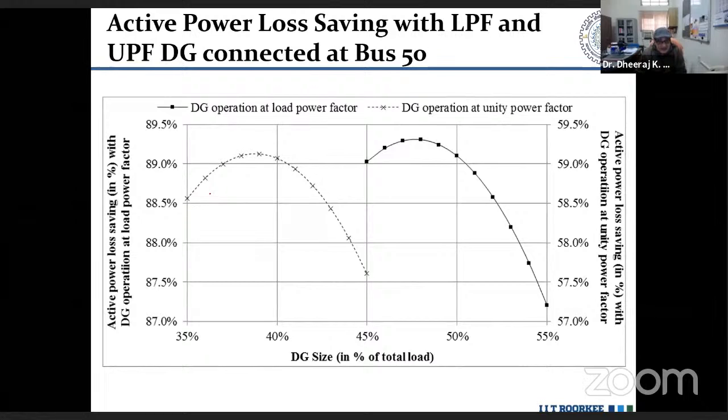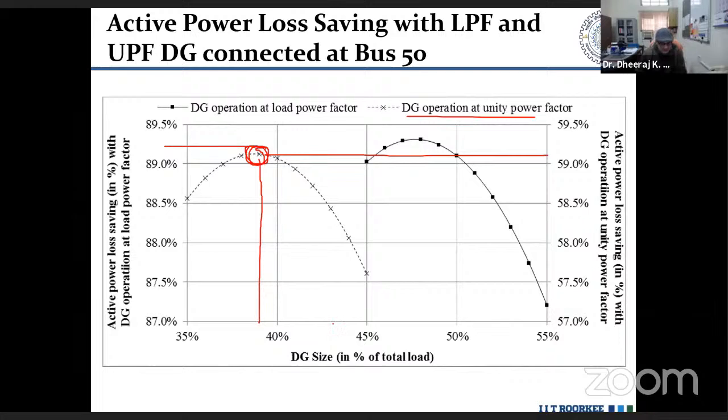And this is a closer snapshot of the active power loss saving and corresponding DG size at bus number 50. When we operate the DG at unity power factor, the maximum loss saving we can achieve is about 59% at a size of about 38 to 39% of total load.